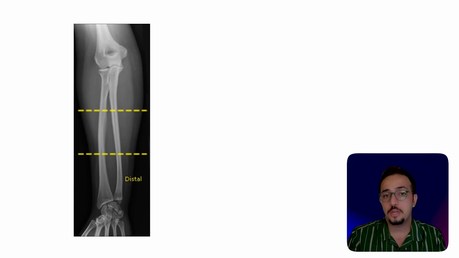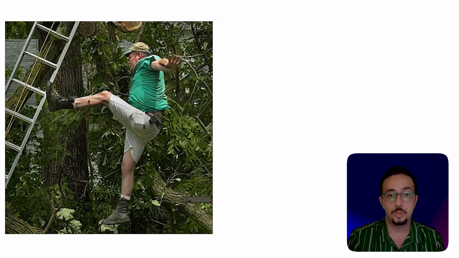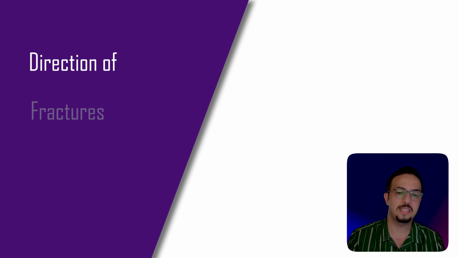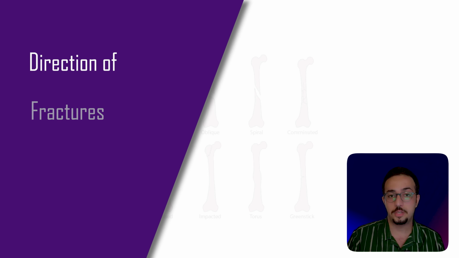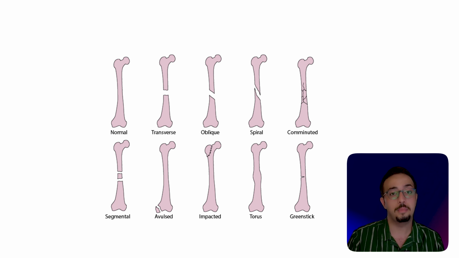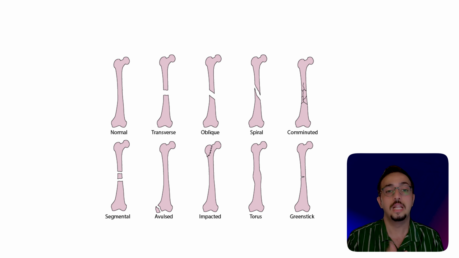Fractures are labeled and sorted by where they happen, how big they are, which way they go, and how many pieces they break into. Different parts of the skeleton have their own ways of talking about fractures, but we will dive into those specifics later on. The direction of a fracture line is determined by its relationship to the long axis of a bone.